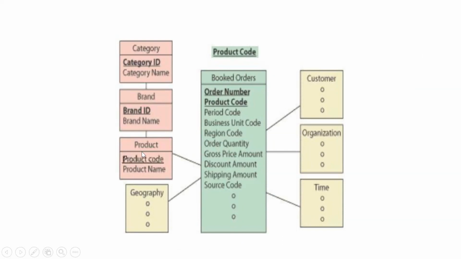Rather, we create this product dimension, and on top of the product, we split into different dimensions. Based on brand, I'm creating a separate dimension over here. Here, brand is not directly tagged with the fact table. Brand is tagged with the product table.